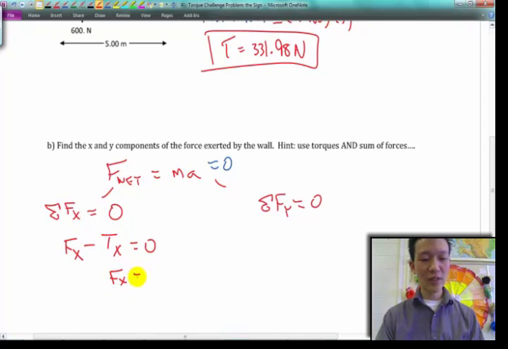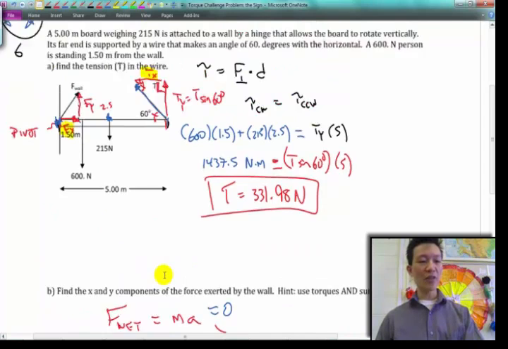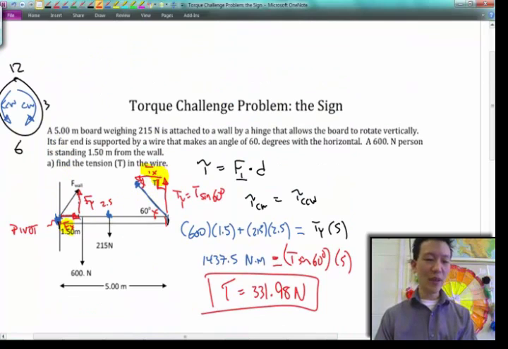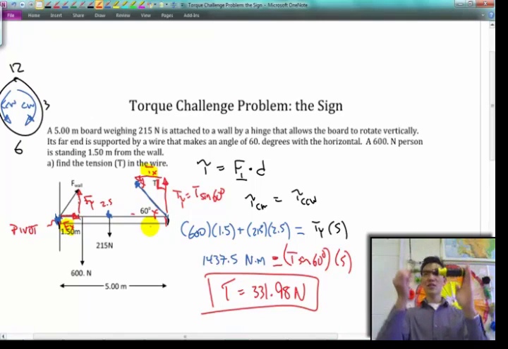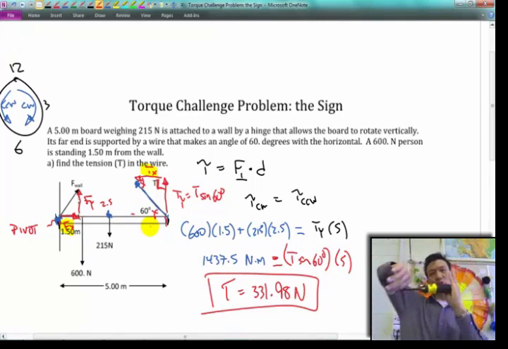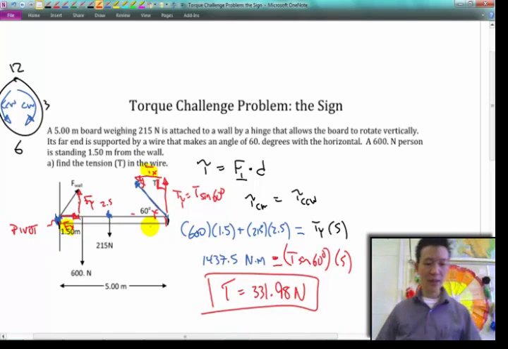In other words, the force of the wall pushing out to the right is counteracted by the string pulling back to the left. That's what I'm trying to get you guys to visualize. Make sense? As this thing is pivoting, the wall is trying to push it out, the string is trying to pull it back. Got it?